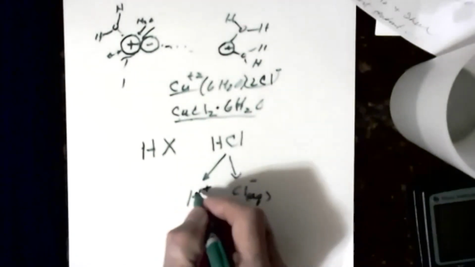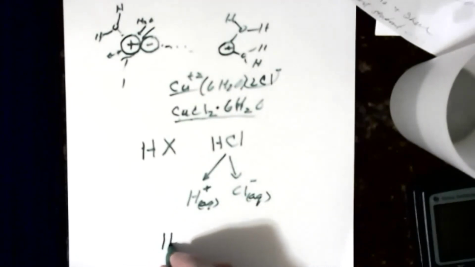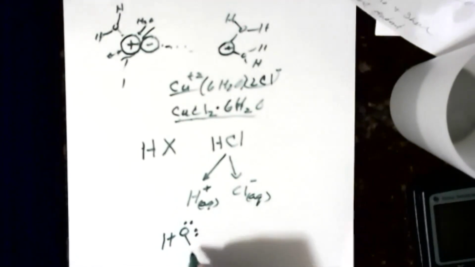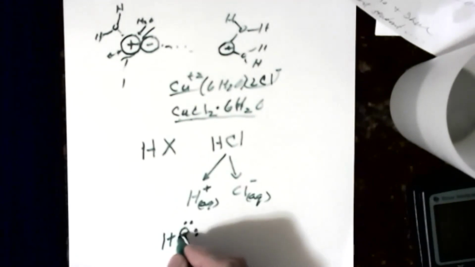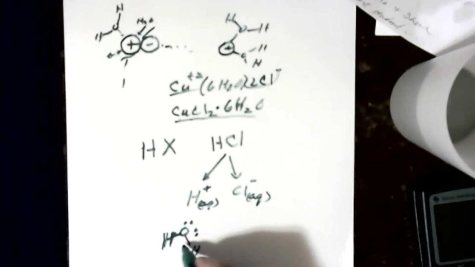And what happens then is actually, if I look at a water molecule, the water molecule has 2 lone pairs of electrons on the oxygen and a covalent bond to each of 2 hydrogen atoms in the molecule. Now, if I were to ask you, what is that line in that molecule?